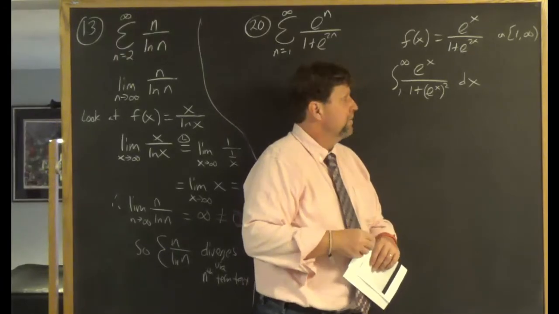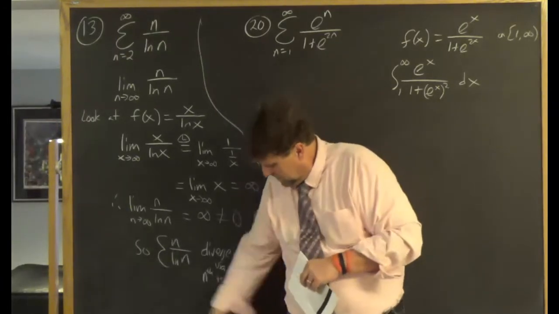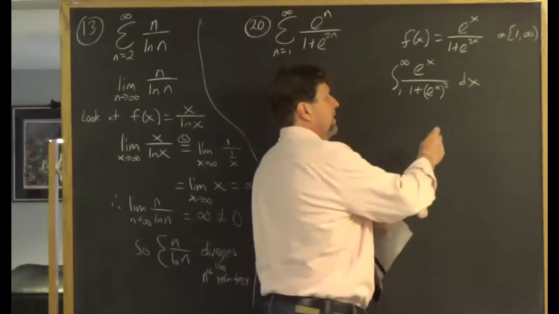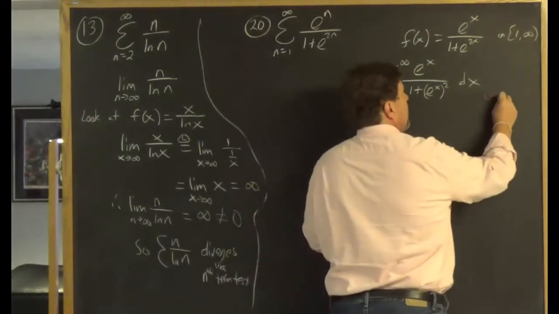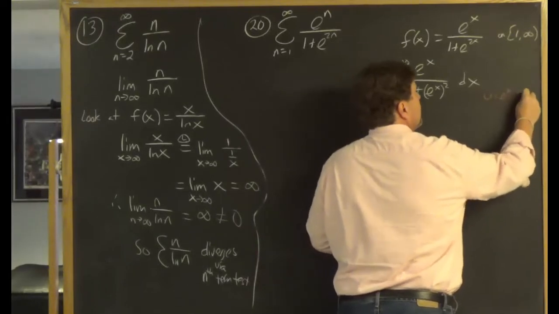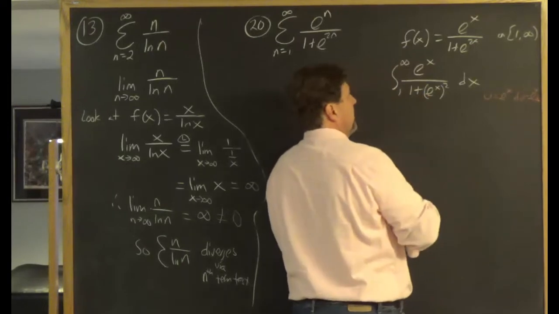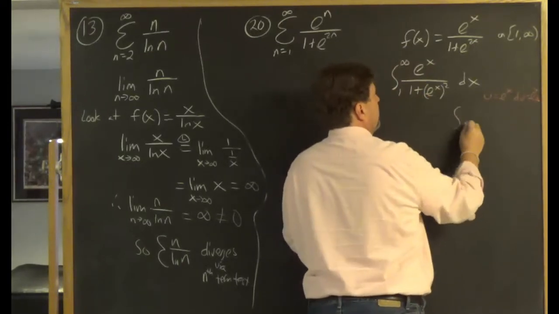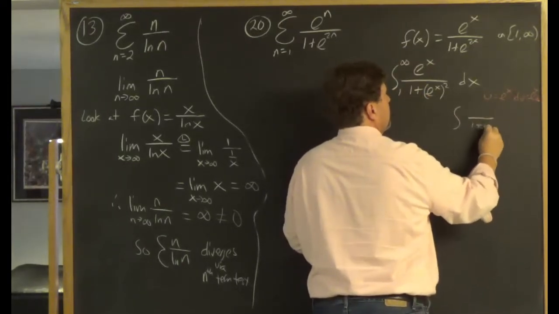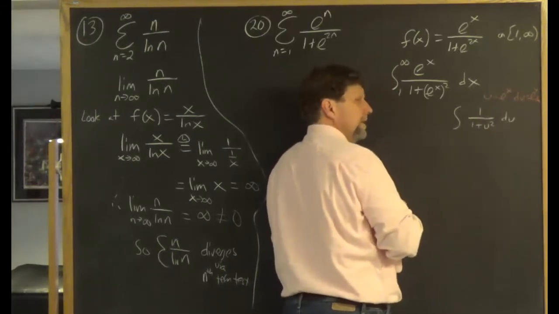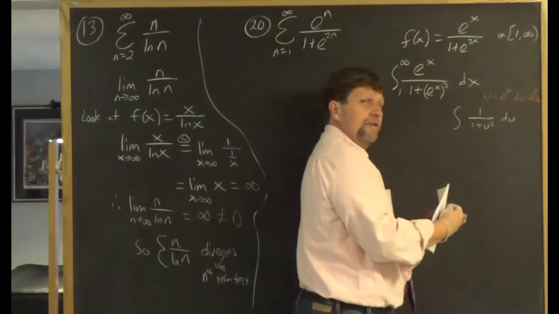If you do a real quick u-substitution, if you let u equal e to the x, then du is e to the x dx. You're going to get the integral of 1 over 1 plus u squared du. That's inverse tangent.